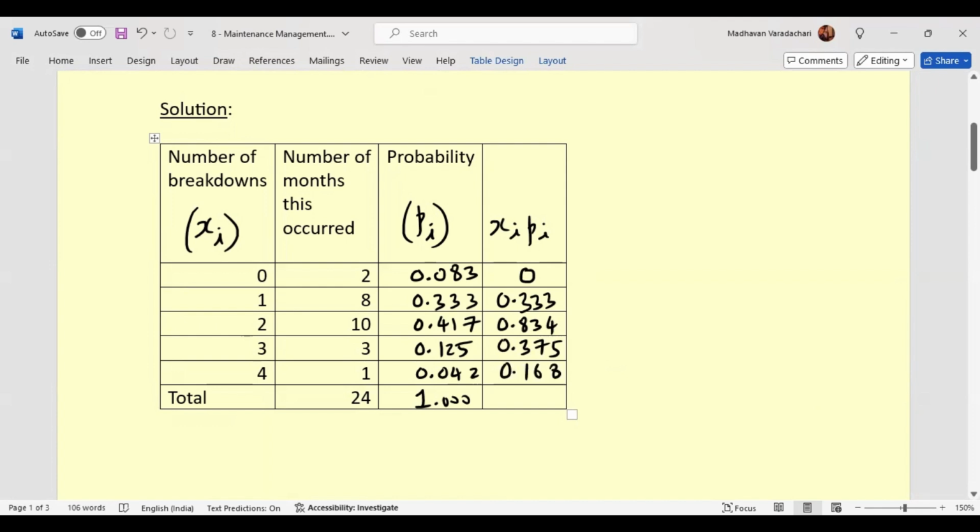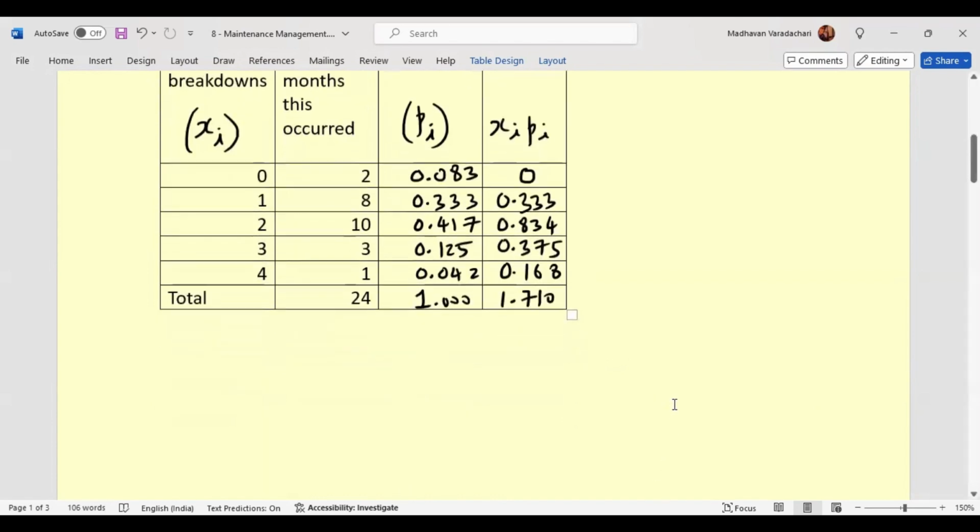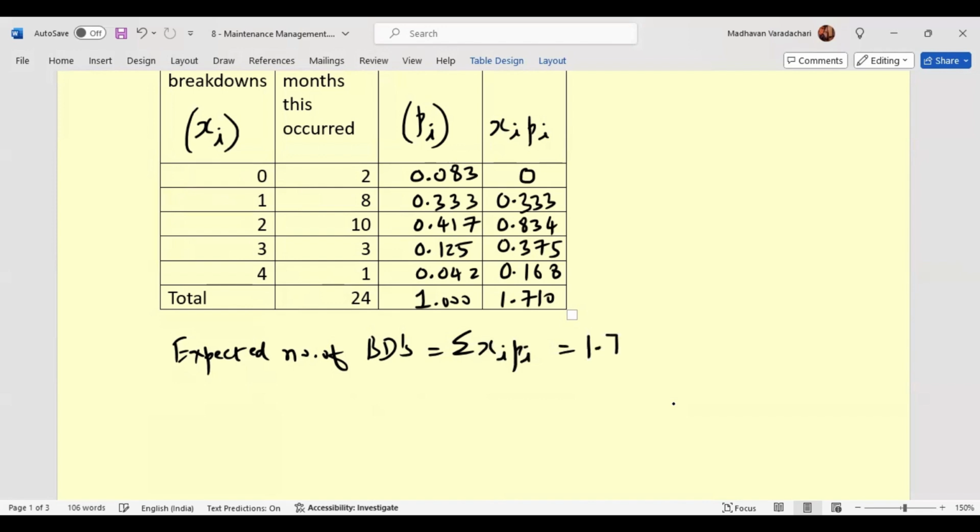And the total will become 1.710. We can say now expected breakdowns is nothing but summation xi into pi, that we just calculated, it is 1.71.